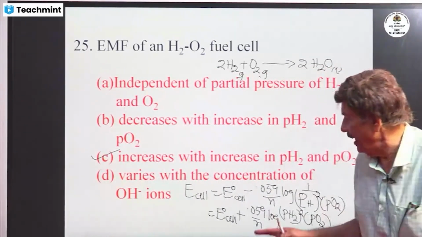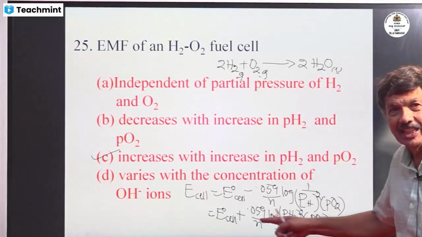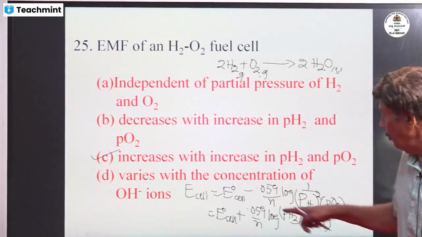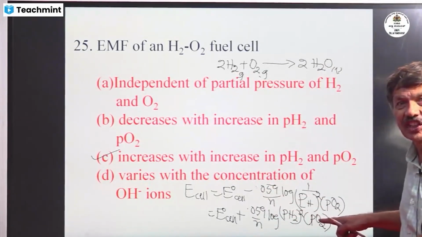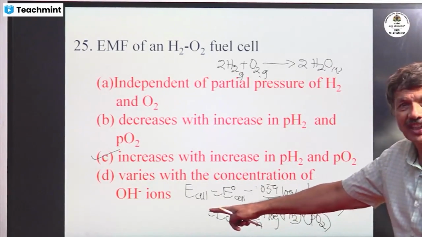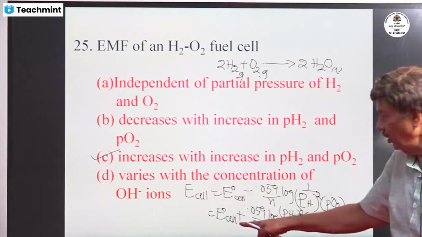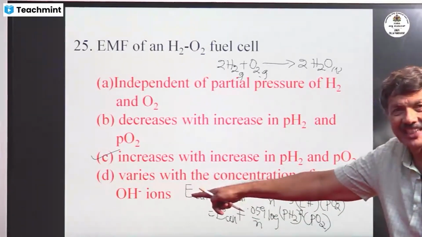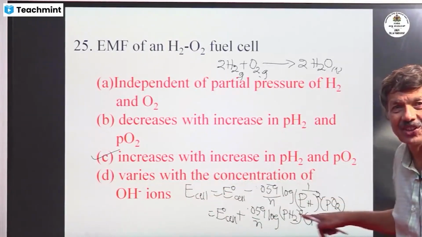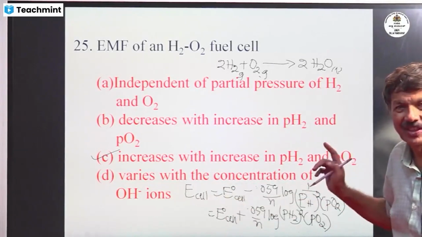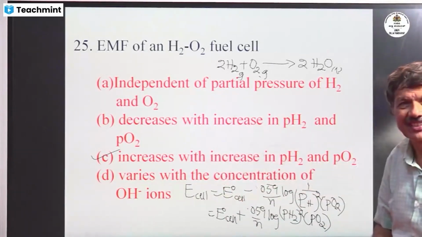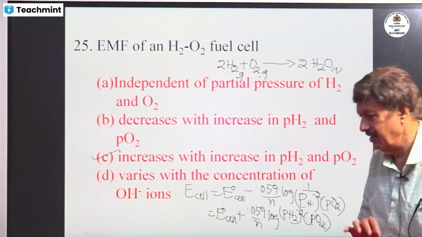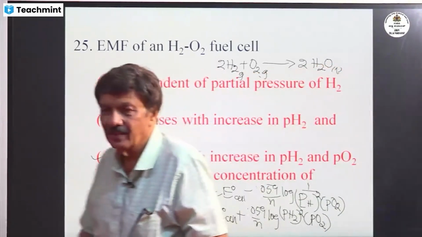E naught is fixed. Varies with the concentration of OH minus ion? No, because OH minus ions are not in the equation. So option C is correct. Okay?